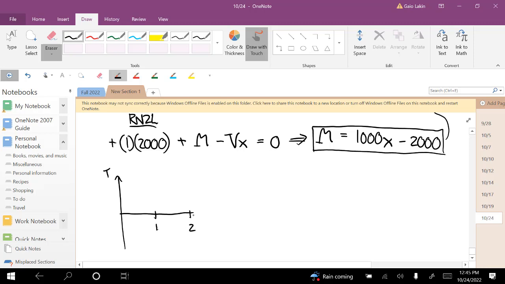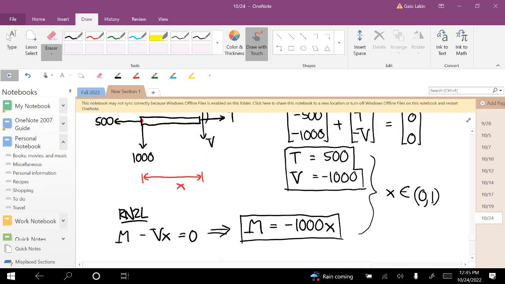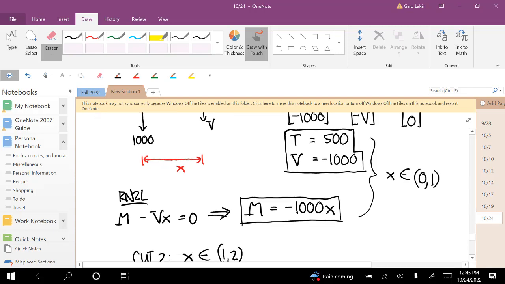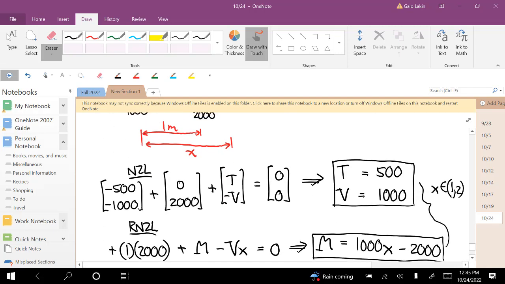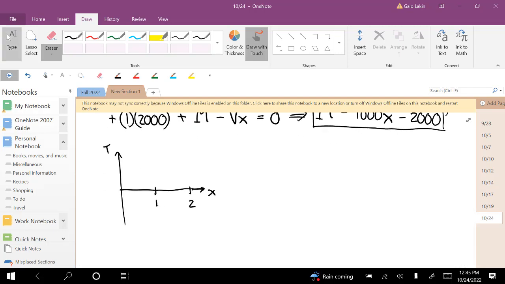So for T, it's positive 500 on the first half, positive 500 on the second half. Since that T is positive, does that mean that this thing's in tension or compression? Tension, yep. Positive always means tension, negative always means compression.